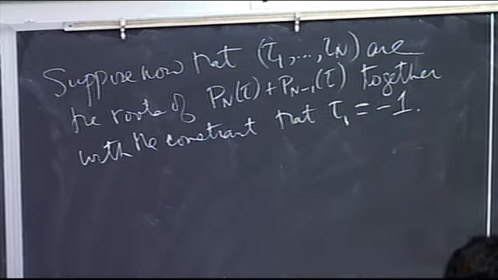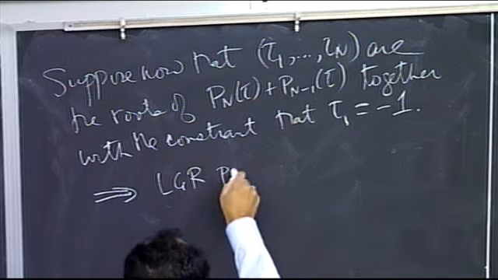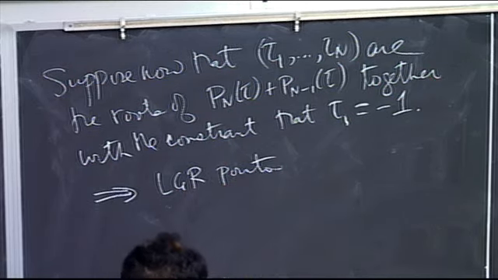Okay? These are what are called the Legendre-Gauss-Radau points. So these are the LGR points, or Legendre-Gauss-Radau points.